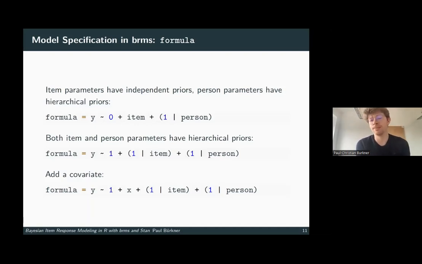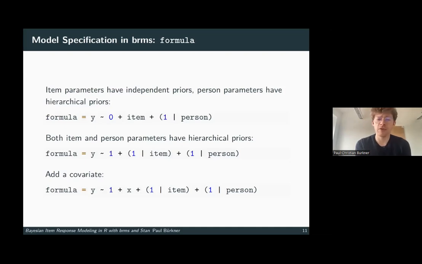So we're having a specific intercept parameter for each person, which just means every person gets their own, for example, ability parameter. If we want to have both item and person parameters hierarchically, we're going to add the overall intercept 1 back again, and we're going to have this kind of random effects formulation, 1 pipe item, that is every item gets their own item parameter, but we're having internally this hierarchical prior, and the same with person.